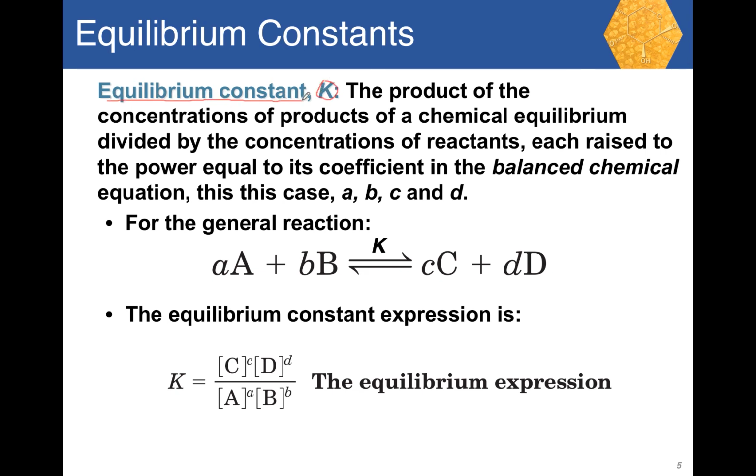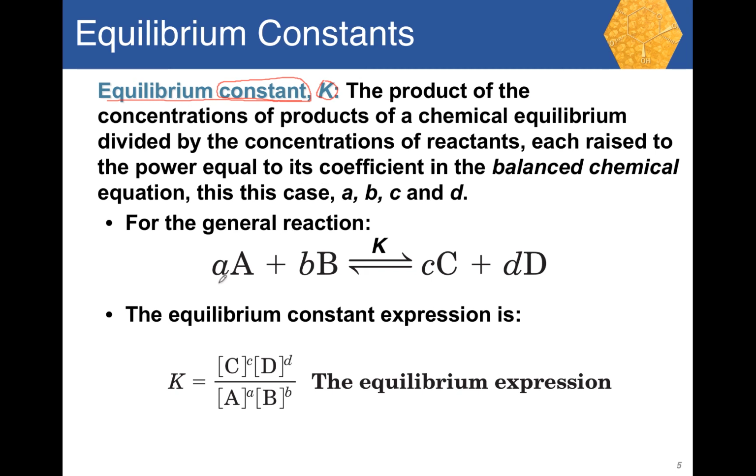We will determine an equilibrium constant for a particular reaction, which will reflect the concentrations of reactants and products at equilibrium. As you can imagine, each reaction will have a different equilibrium constant specific to that reaction. So let's look at how we determine equilibrium constants.